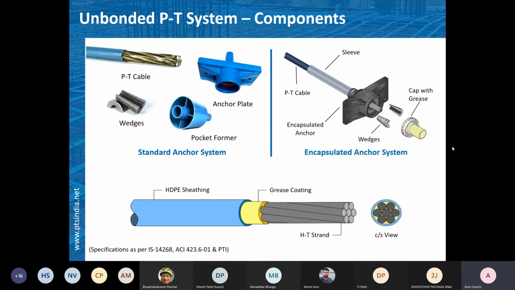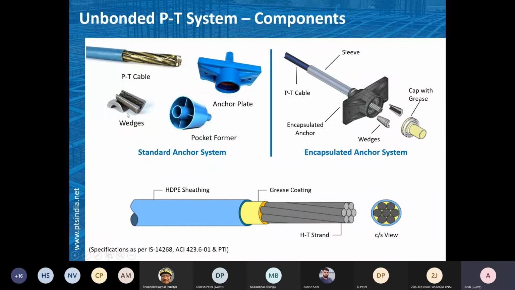So these are the nuts and bolts of the unbonded PT system. There is a cable, a sheathing, grease, and then the metal part, the strand. This is the anchor plate. You can see it is all encapsulated; the metal part is all covered with a protective layer. There are wedges and a pocket former.